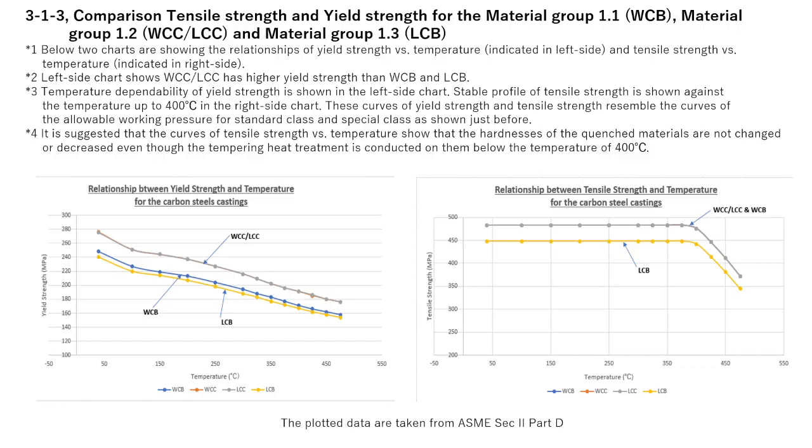After recovery to ambient temperature, the yield strength recovers to its original 280 at ambient temperature, but the internal stress remains relaxed at the 200 megapascal level. So the internal stress is relaxed. This is the low temperature tempering process.